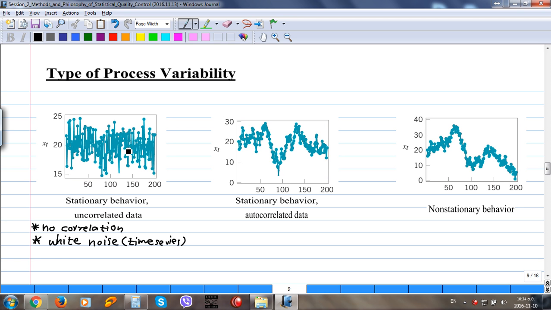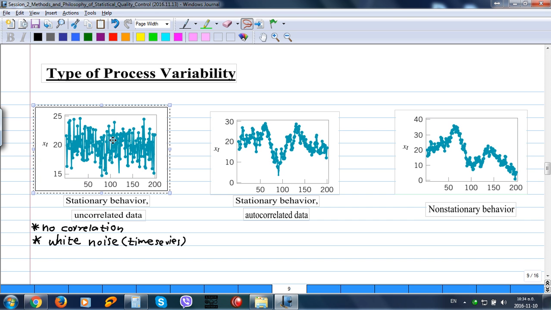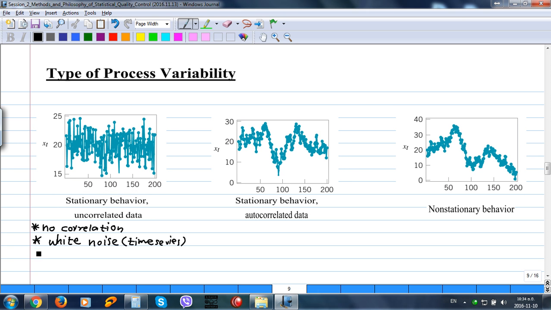The past values of the data are no help in predicting the future values.